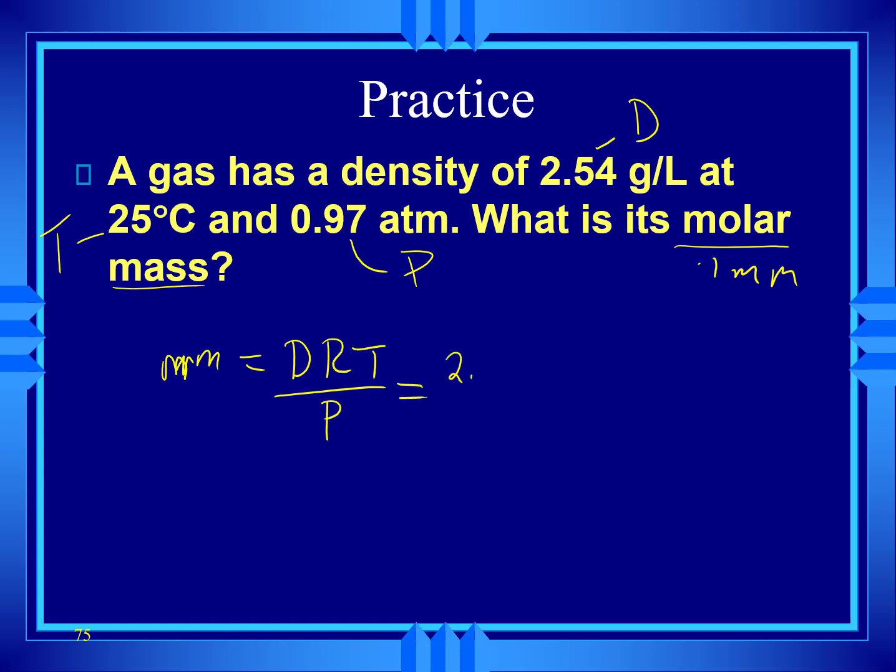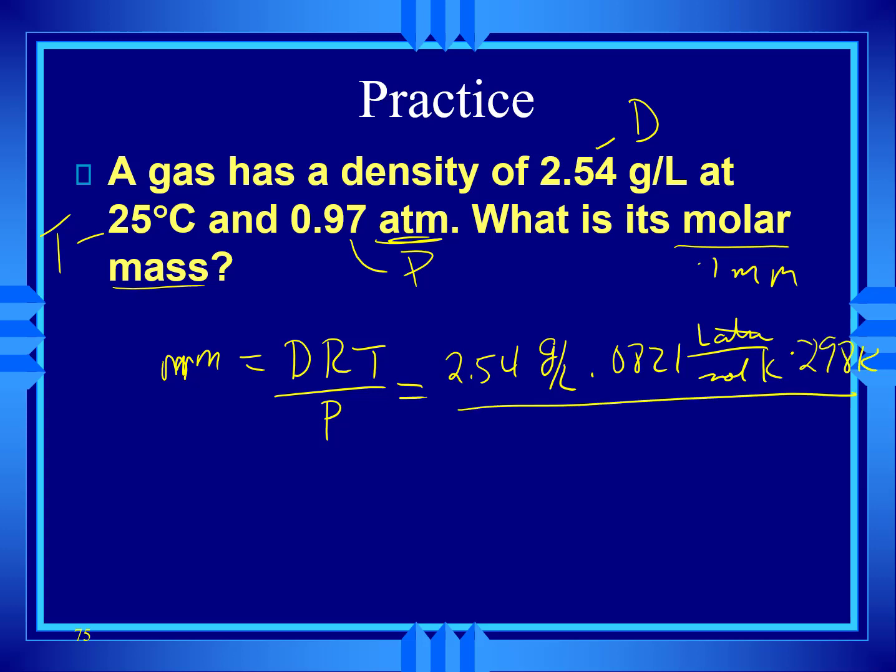The density was 2.54 grams per liter. R, I want the R with atmospheres in it again. 0.0821 liter atmosphere over mole Kelvin, times the temperature, which was 298 Kelvin, divided by the pressure, 0.97 atmospheres.